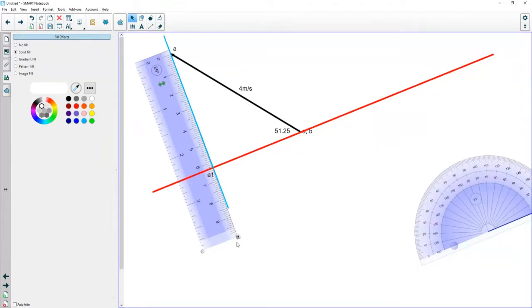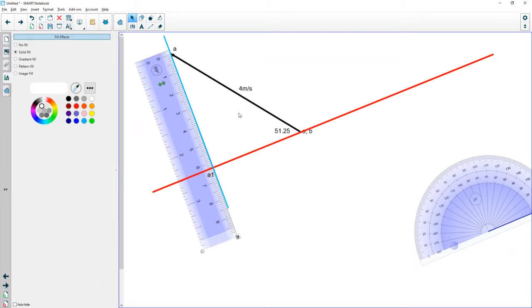Remember my scale was 0.5 meters per second to 1 centimeter. So I halve that value and I'll have 3.12 meters per second.